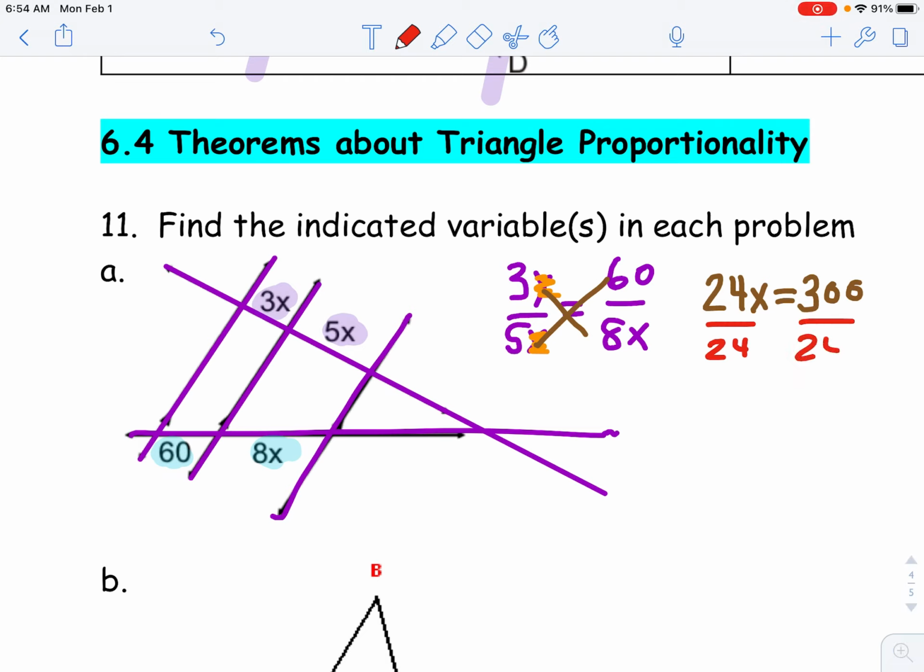Divide both sides by 24. What's 300 divided by 24? Does anyone know? 12.5. All right. I'm just looking at some stuff. We're going to see that we have the same 0.6.